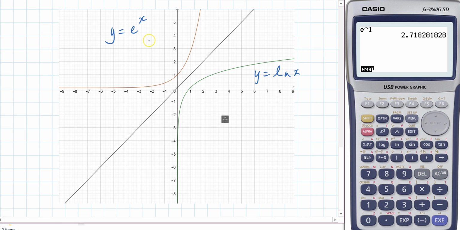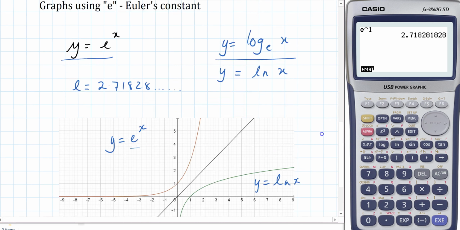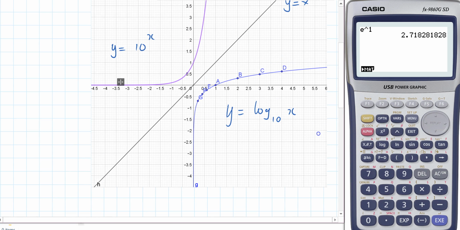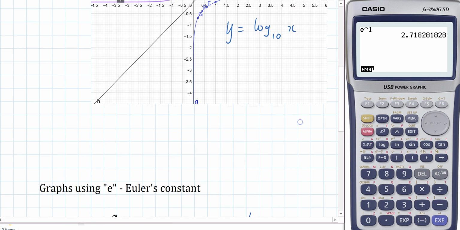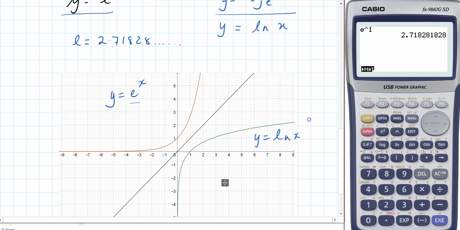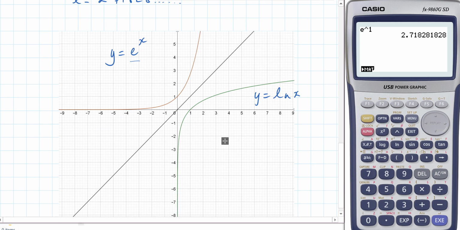So this value e that we have over here. And so I bring it up now so that you can see at a later stage that we can use either our base e for a curve, or we can use a whole number like we've got over here for the base, or it could be a decimal as well. But they are basically going to give us either an exponential curve or a log curve, and we're going to be using that at a later stage.